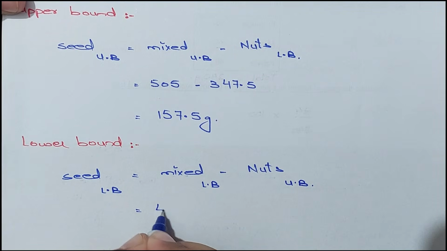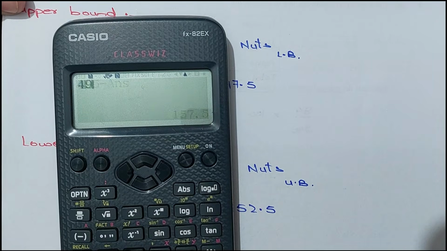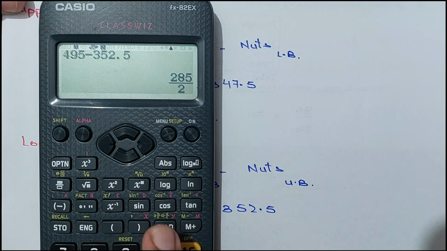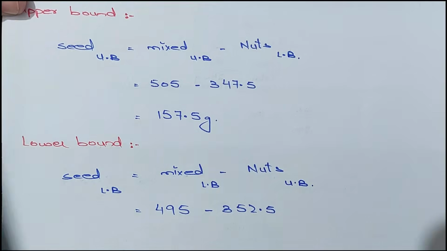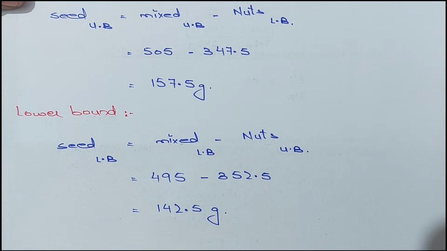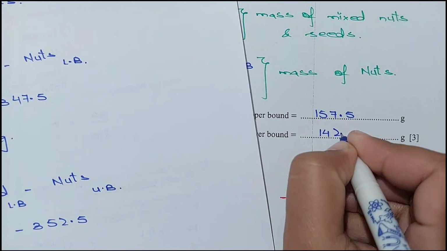This would be 495 take away 352.5. 495 minus 352.5 would be 142.5 grams. All right, that would be the lower bound. Let me write this down, 142.5.